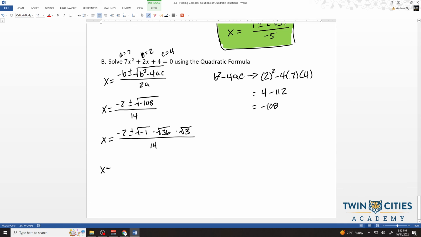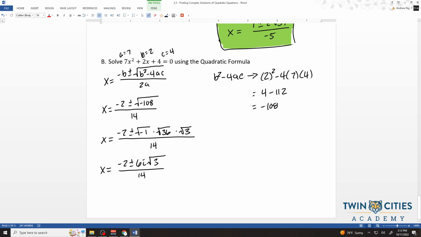Okay, x equals negative 2 plus or minus. The square root of 36 first is 6. I recognize the square root of negative 1 as our imaginary unit i. This is with the square root of 3 here, and then over 14 still. And is there anything else I can do? Sure.